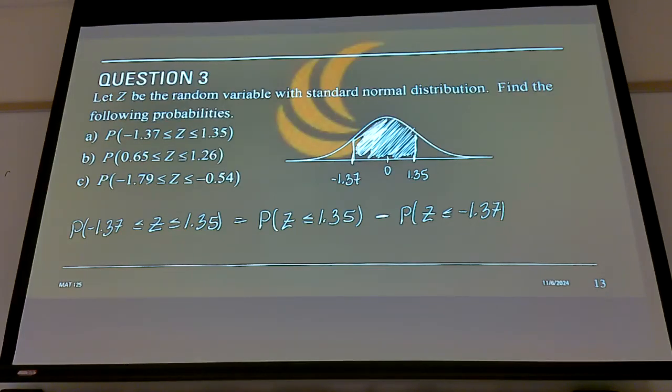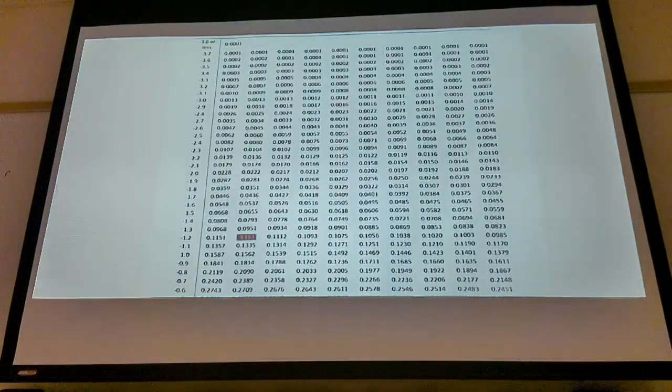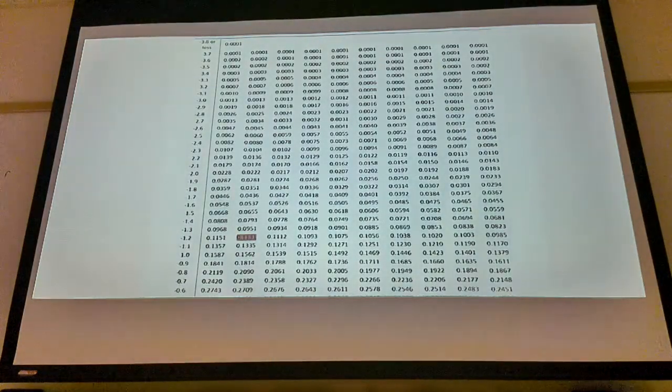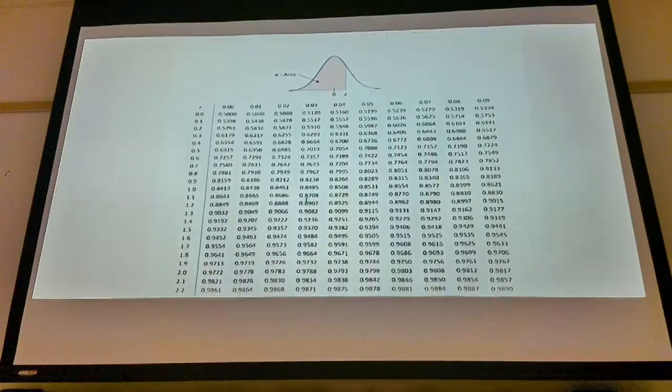And we can find both of those areas from the chart. So let's get rid of that. Let's first look for 1.35.